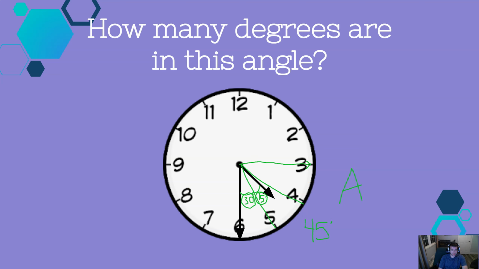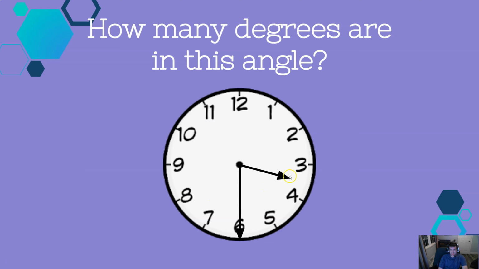So if I look at my diagram, I have a 45 degree angle right here. And then if I notice this is half of a 90 degree angle. Well, a 90 degree angle is 1/4 of a circle. A 45 degree angle, if you remember, is 1/8 of a circle.